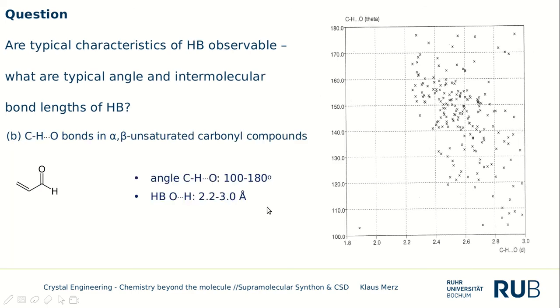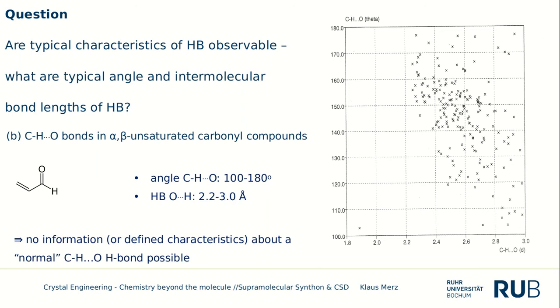And in this case, 100 to 180, a huge range, and 2.2 to 3 is a very long distance. Well, in this case, you can see no clear information about such C-H...O hydrogen bonds. Okay?